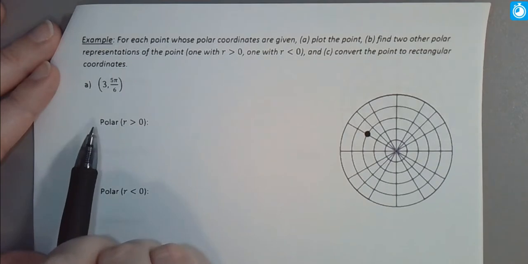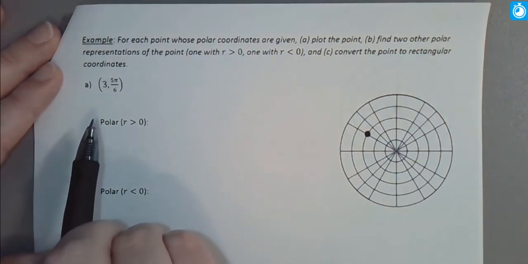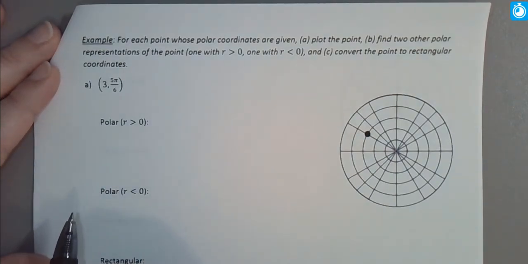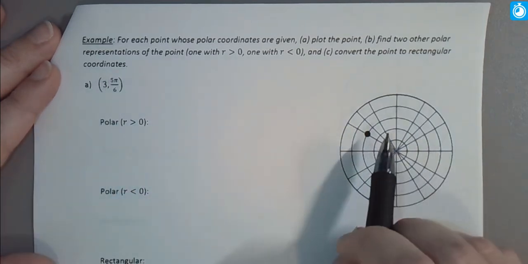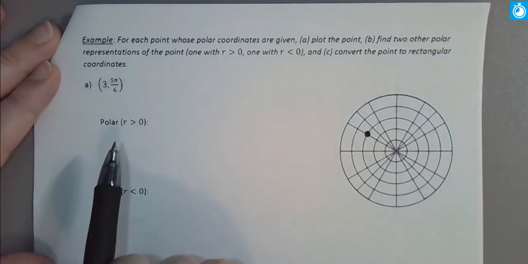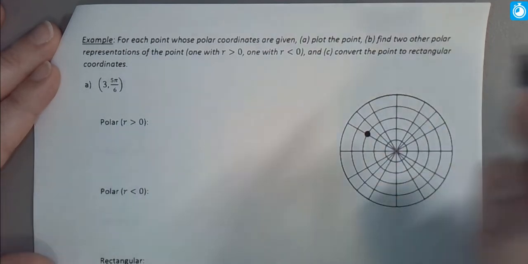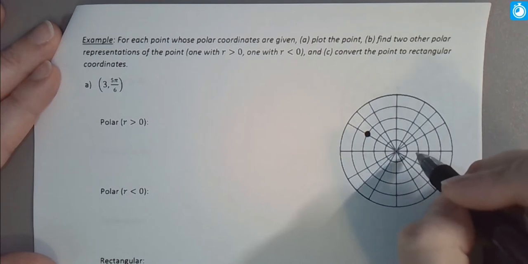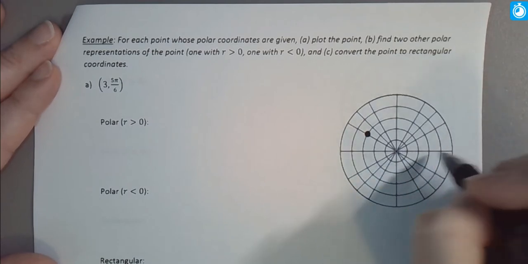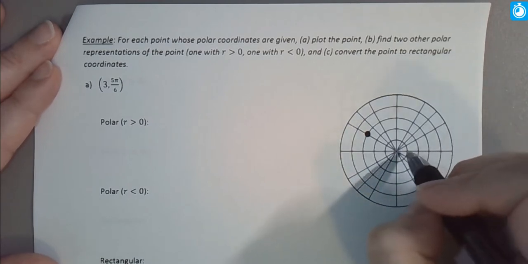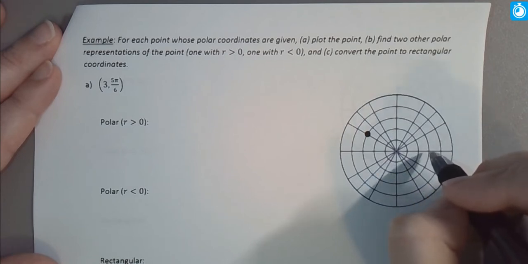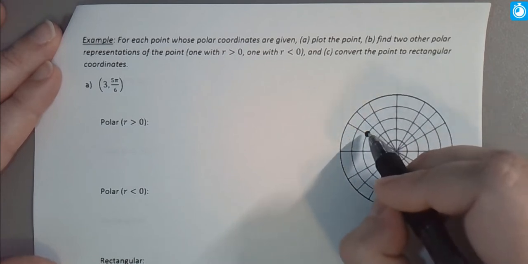Now let's focus on polar coordinates first though. So we want to find two other representations of this particular point, this particular location, one where r is greater than 0 and one where r is less than 0. So if r is greater than 0, that just tells us that we're starting along the positive polar axis. So in other words, we start rotating from this location and we go around to here.